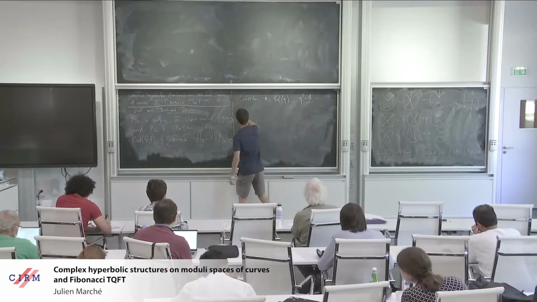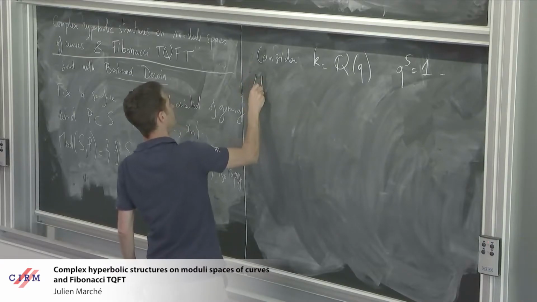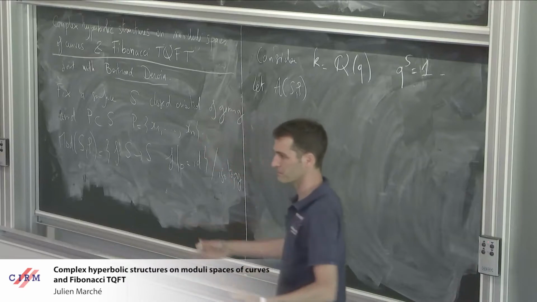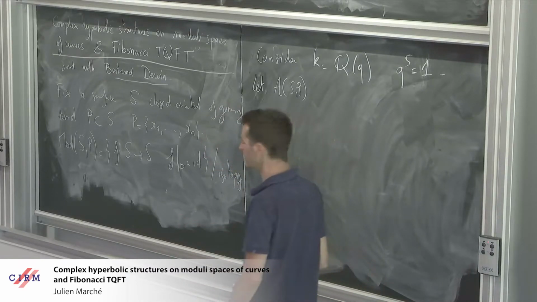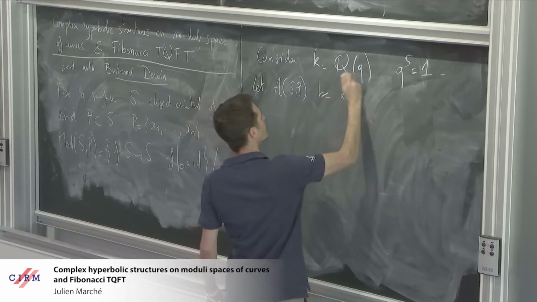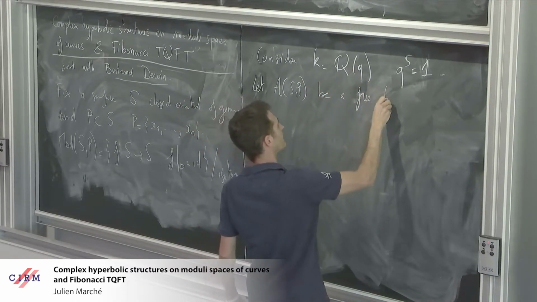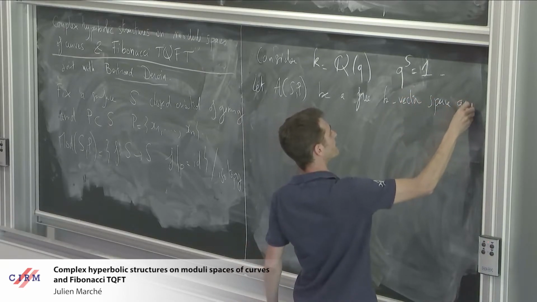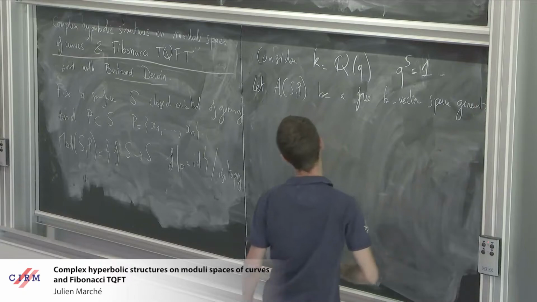Let's call it A(S, P). It's a very big space with a lot of relations. So A(S, P) is a free K-vector space generated by some topological objects.